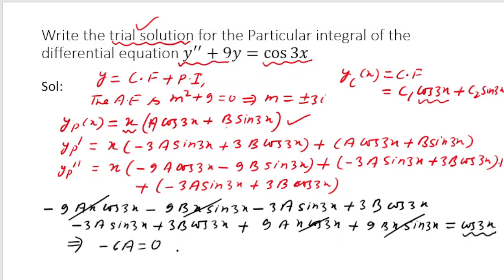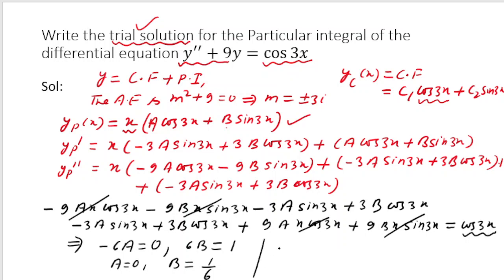And if you compare the other term, that is 3b cos 3x and 3b cos 3x, so it will be 6b cos 3x, and the coefficient of cos 3x is 1, so it will be 1. So what we got? We got a is equal to 0 and b is equal to 1 by 6.